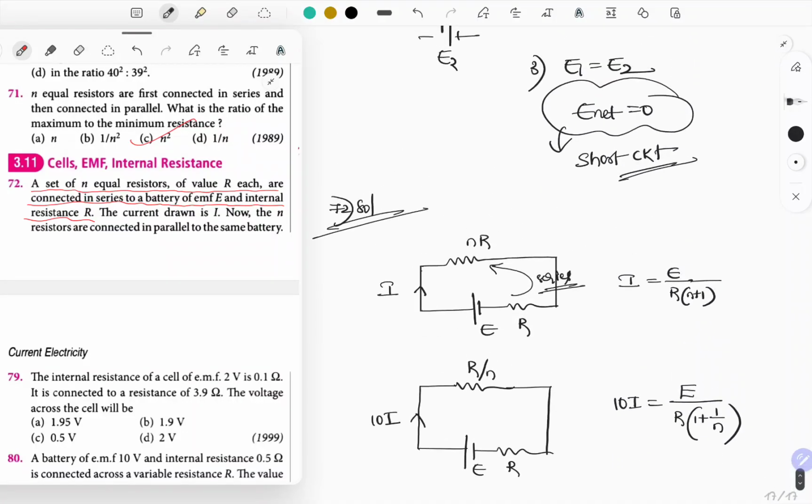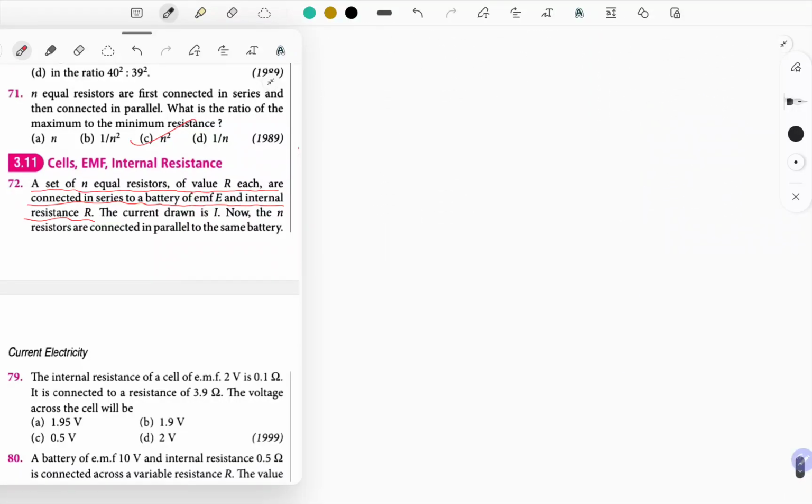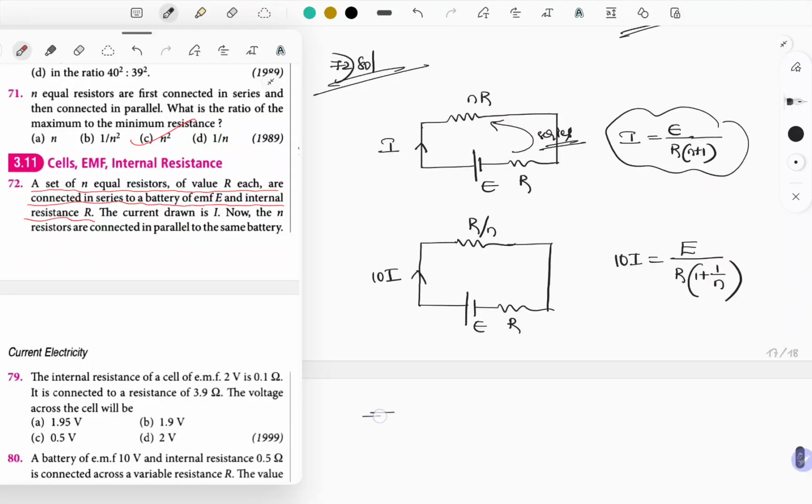So let me replace I by E by r into n plus 1, right? So let's replace and try this.